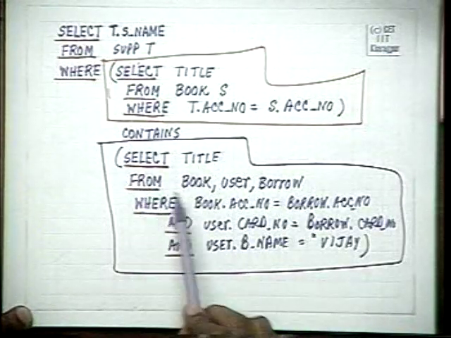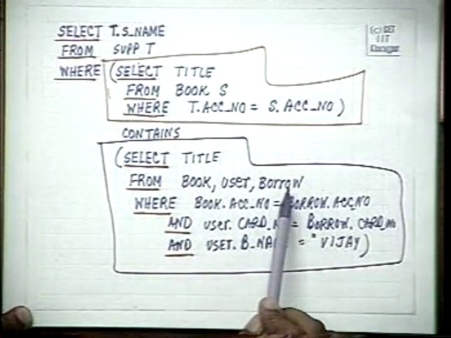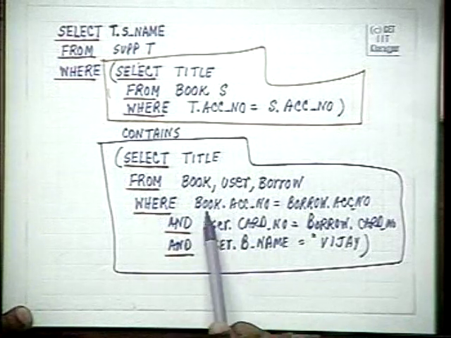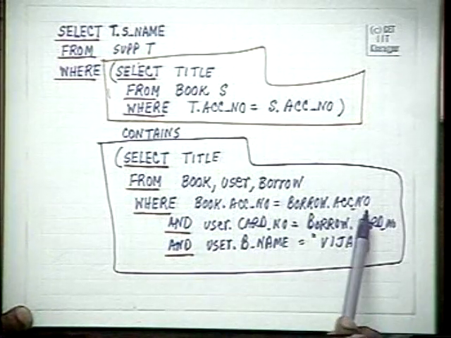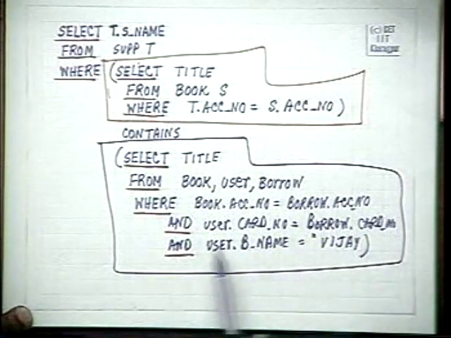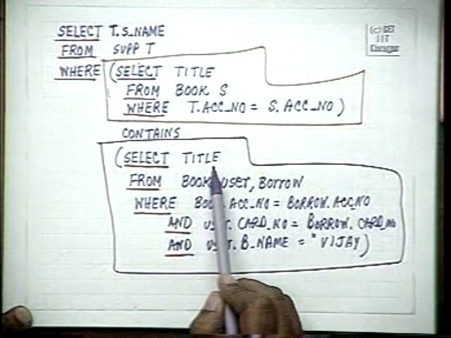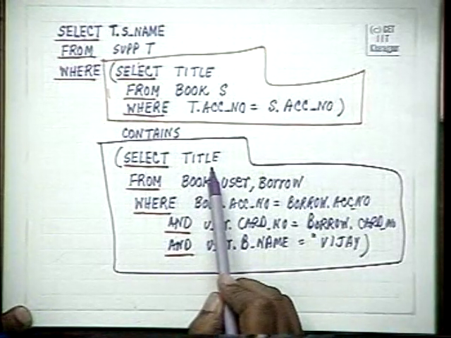Select title from book, user, borrow, and we did a natural join of book, user and borrow where book.accession number is borrow.accession number and user.card number is borrow.card number and user.borrower's name is Vijay. So we found the titles of all the books issued by Vijay.